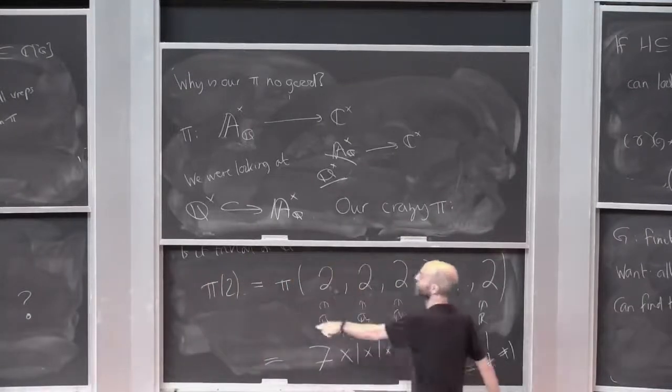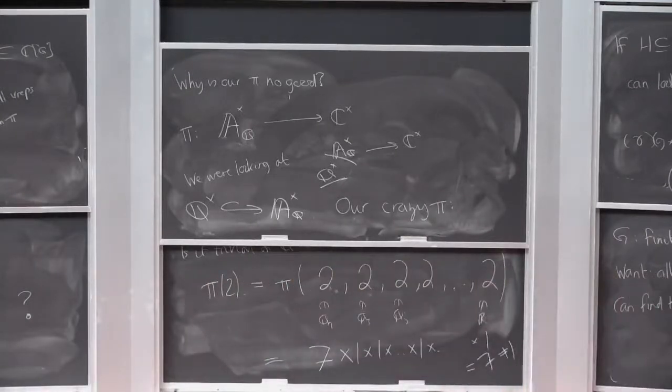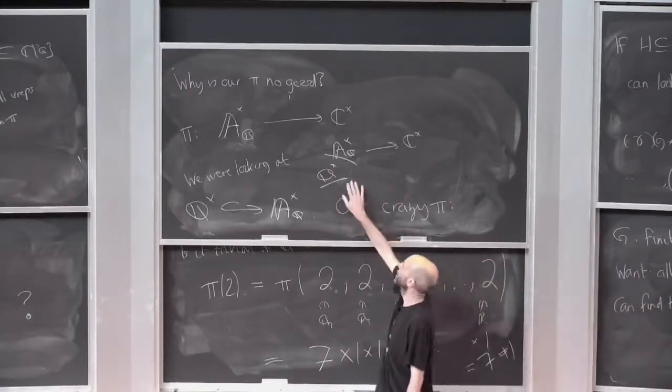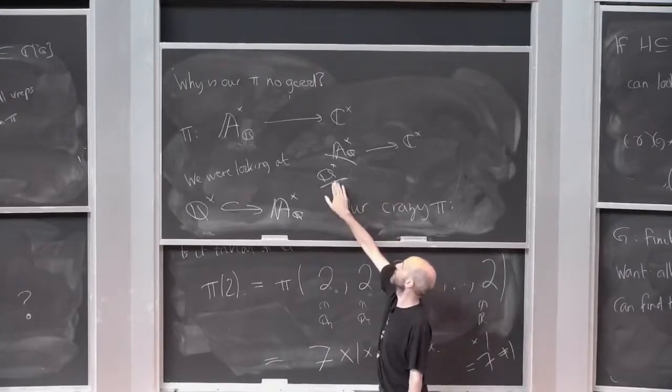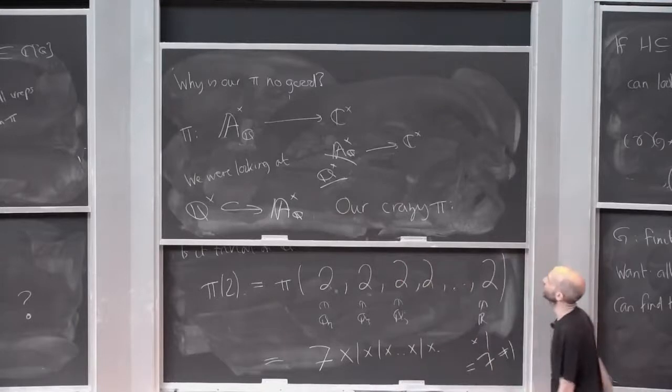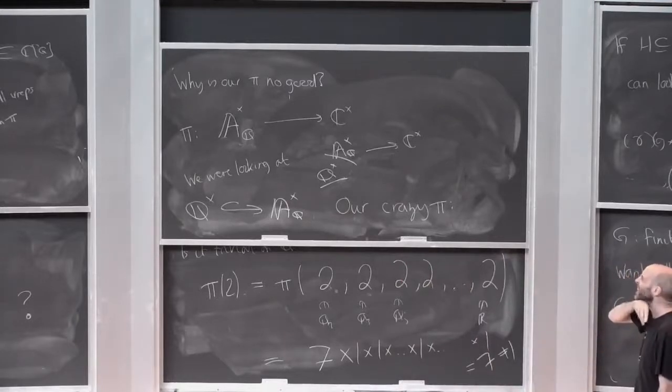When we ignored GL1 of Q, we could do anything, and it didn't work at all well. And when we put in GL1 of Q, we looked at characters which were actually constant on Q star, and then all of a sudden, we had some complicated theorem of Weil.